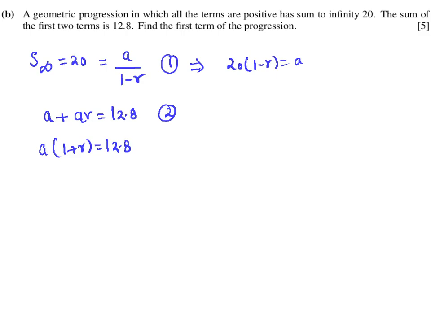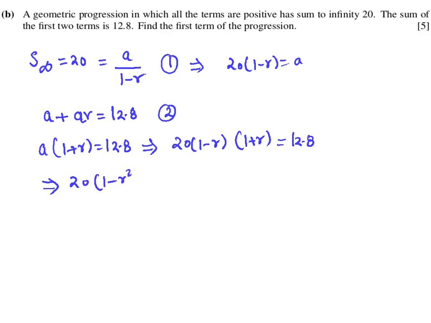Now replacing a with 20(1 minus r), and then the remaining (1 plus r), we get 12.8. So now solving this entire equation, you will get 20(1 minus r squared) equals 12.8.